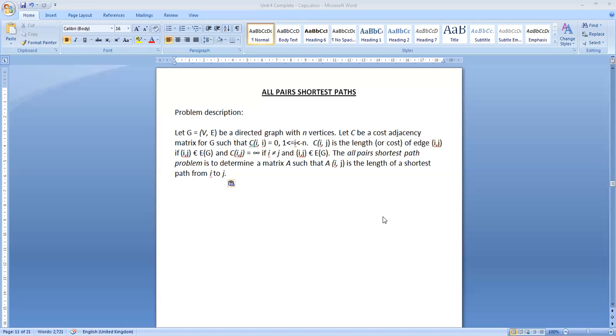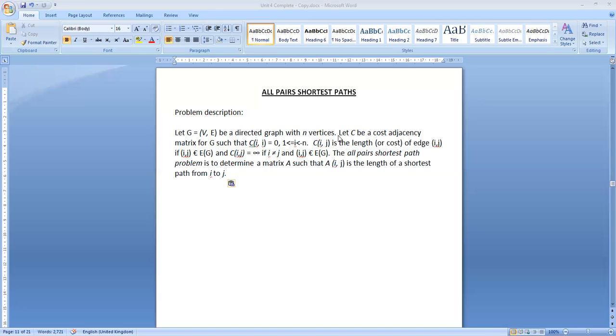Now let us describe the problem. You are given a graph G with a set of vertices and a set of edges. It is a directed graph and also a weighted graph. Every edge is given a weight value. Let us assume that this graph is made up of n vertices.